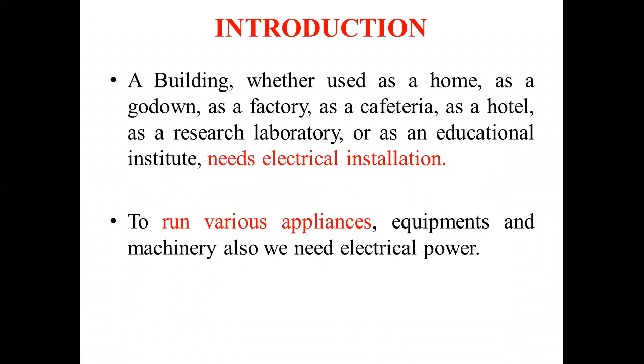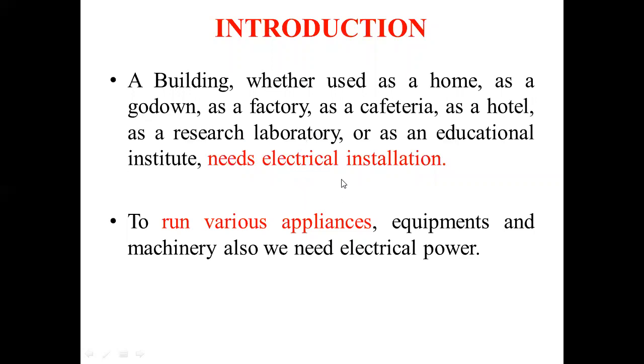So let us discuss electrical wiring. Introduction. Here I'm going to discuss what we mean by electrical wiring and why it is necessary. Take any building, whether it is used as a home, a godown, a factory, a cafeteria, a hotel, or a research laboratory, everywhere electrical installation is required.